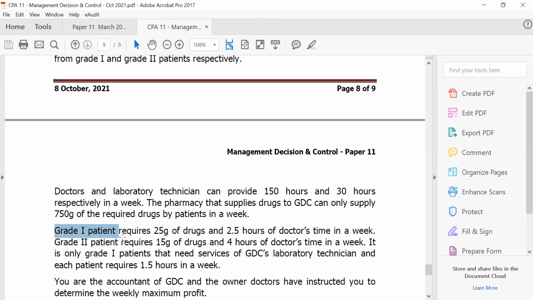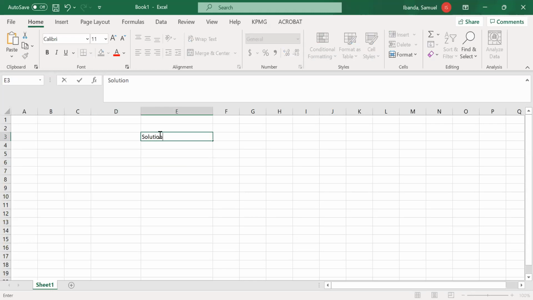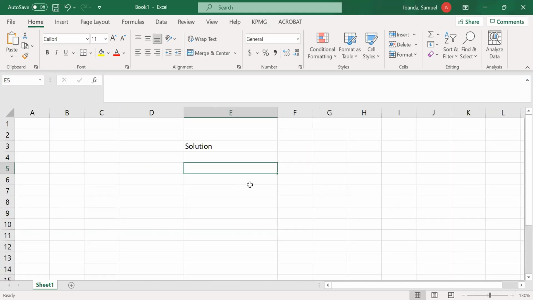So I'm going to say, let grade 1 be X and let grade 2 be my Y, because those are the key keywords that we serve.